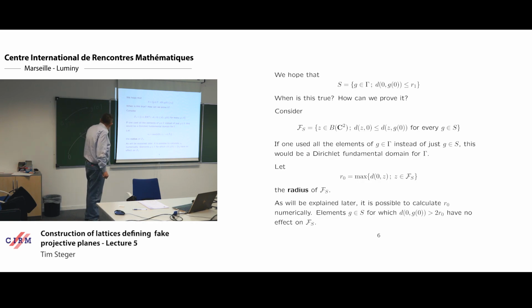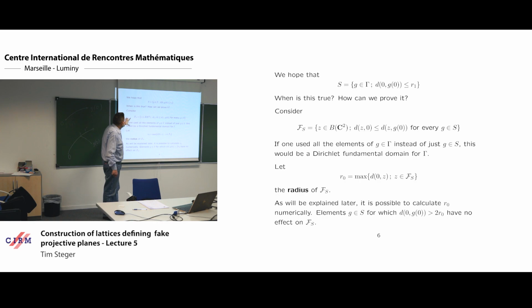Okay, so for these purposes, we generate a sort of Dirichlet fundamental domain, but it's not quite the Dirichlet fundamental domain for gamma because we just deal with the elements of S. We don't have all the elements of gamma. We're not even sure whether we have all the small ones. So this is just relative to S, the Dirichlet fundamental domain.